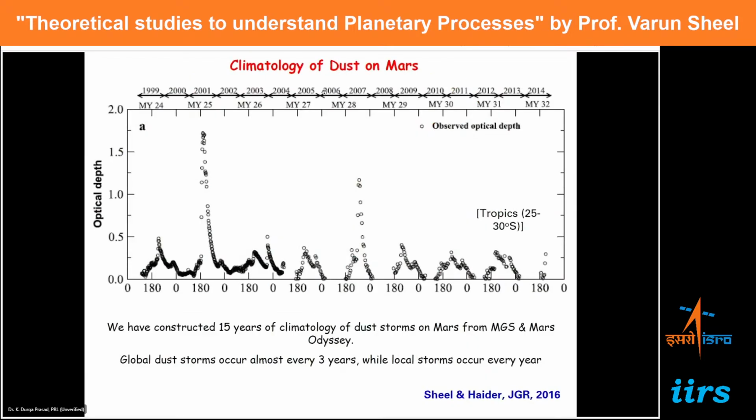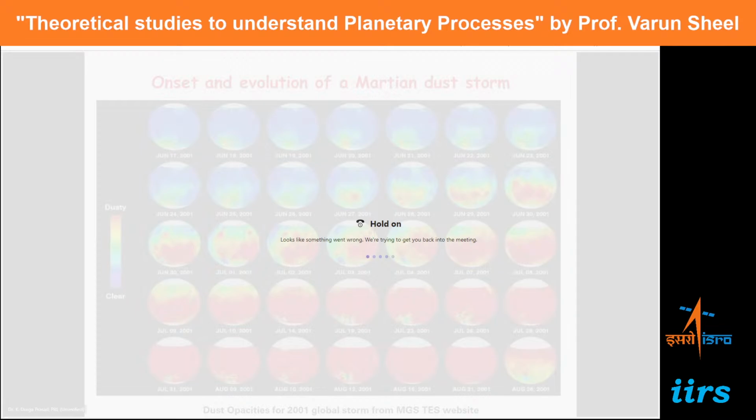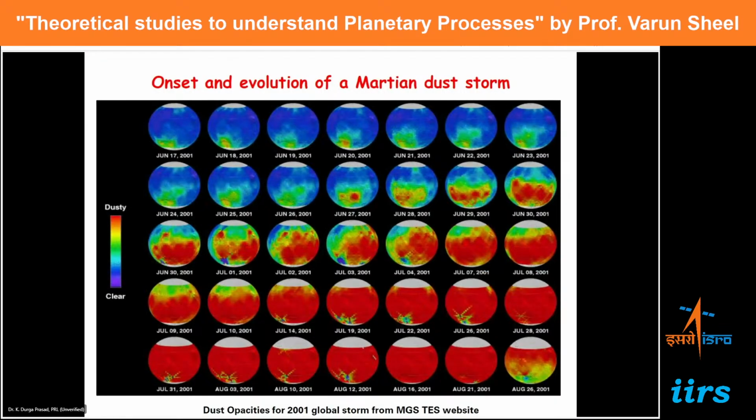So what is the climatology? Using these models, one can reconstruct how these dust storms behave, because an observation covers only one year. These are the kinds of parameters of a phenomenon like a dust storm.